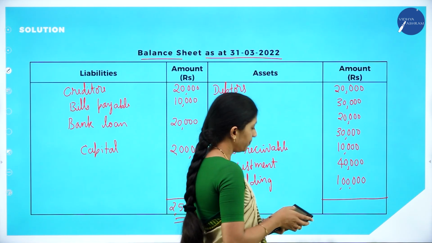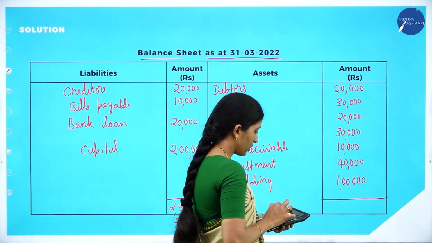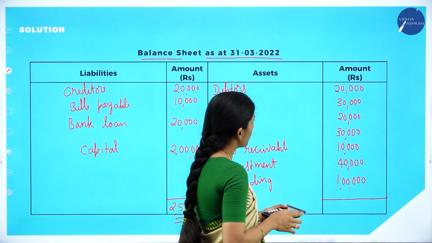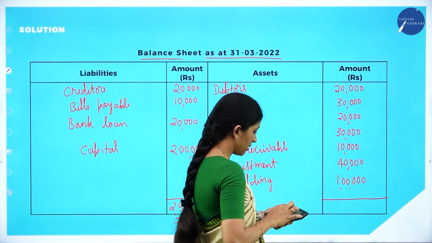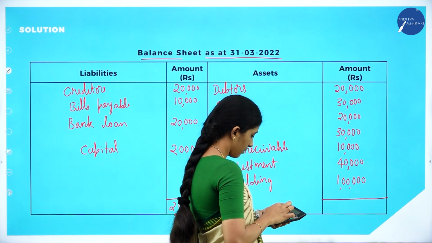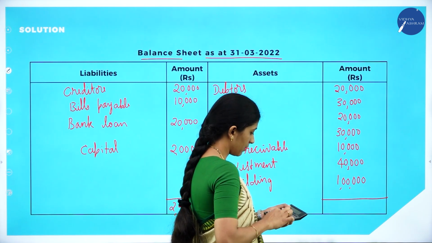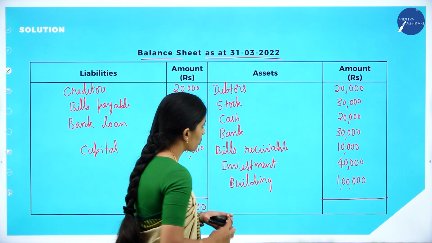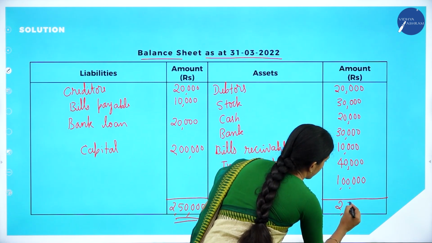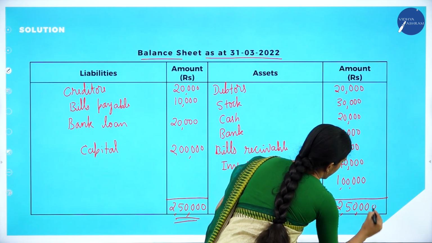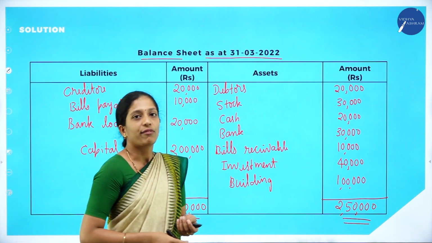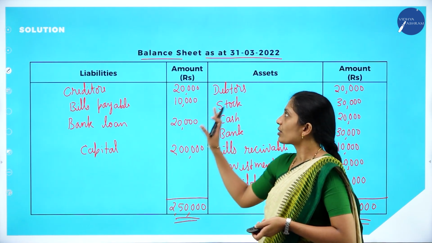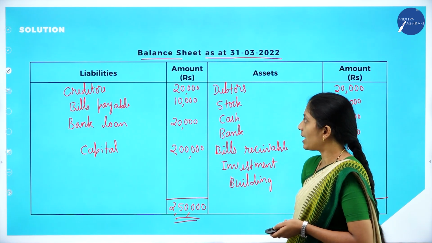We have to count 20,000 plus 30,000 plus 20,000 plus 30,000, 1 lakh 50 plus 1 lakh. So the total is 2 lakh 50,000. Both the sides are equal, so the total of assets is equal to the total of liabilities and capital. This is how you are going to prepare your balance sheet.